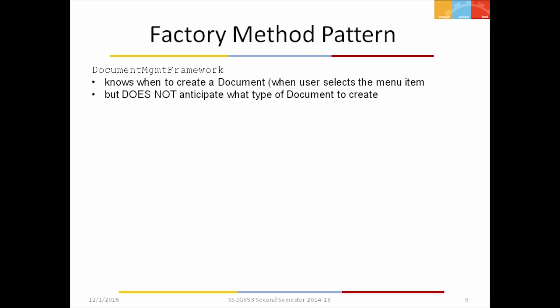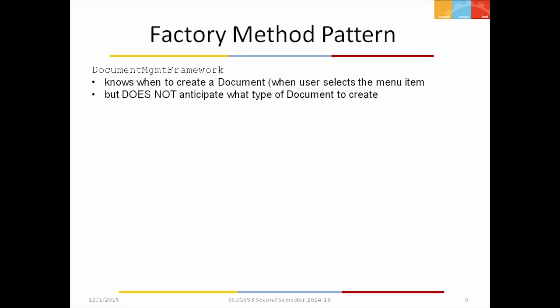And for that, let us look at an example. So suppose you want to create a document management framework, and this framework essentially knows when to create an object. Imagine that you are creating a framework, a GUI application, in which you are giving a facility to create a document.